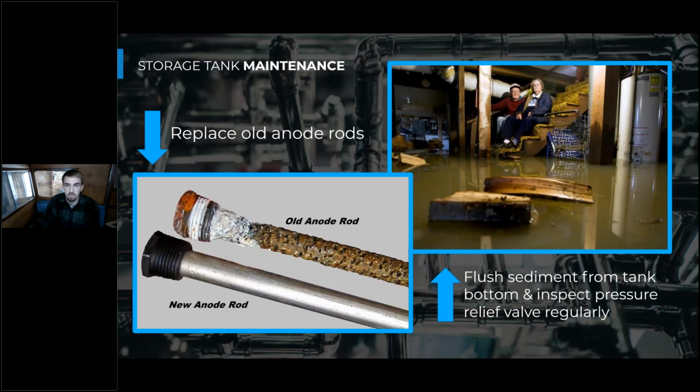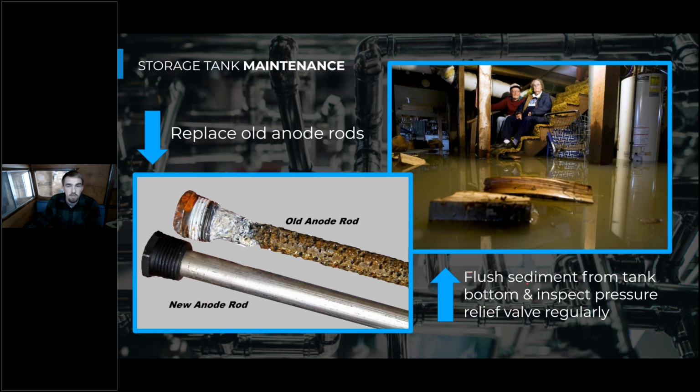So in talking about these anode rods, they're really important to check or maintain on a regular basis, because what these anode rods in your storage tanks or your water heater are doing is they are being sacrificial metals for any reactions in the water to react with this anode rod instead of reacting with the metal in your tank to rust your tank out.